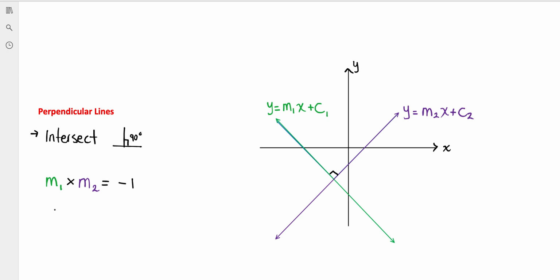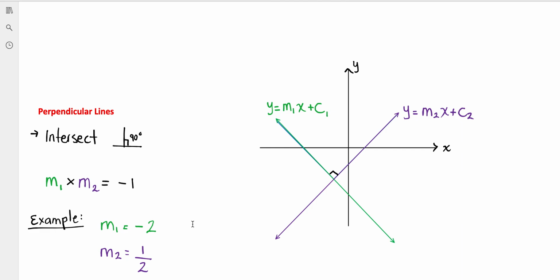So if I do an example here, when I say that one is a reciprocal of the other, what I mean is that, let's say that m1 is equal to -2, then m2 will have to be positive, because this one is negative, the other one has to be positive, and 1/2 is the reciprocal.